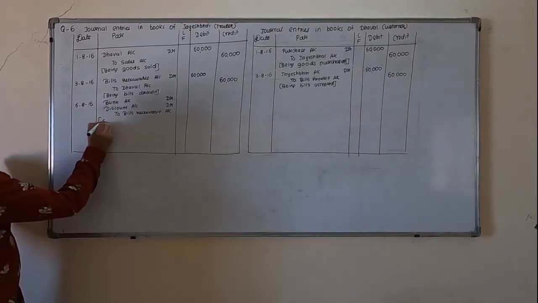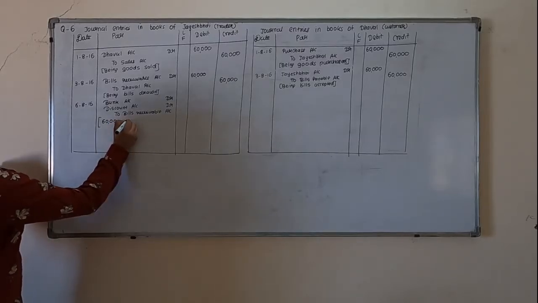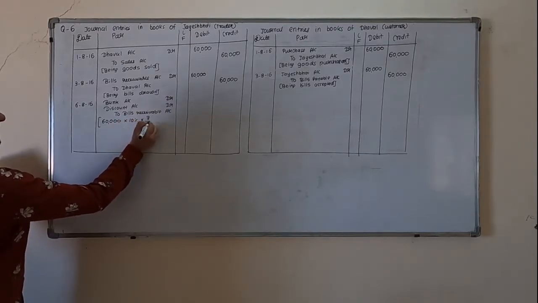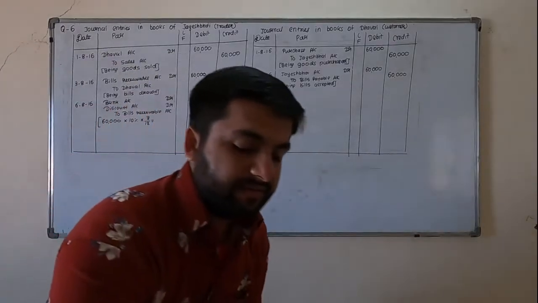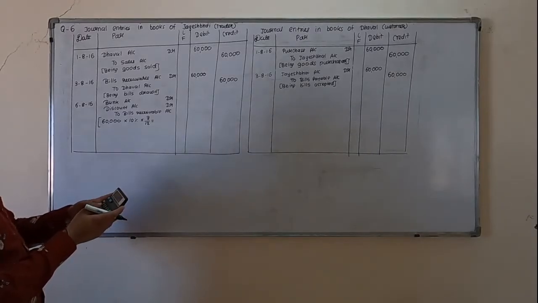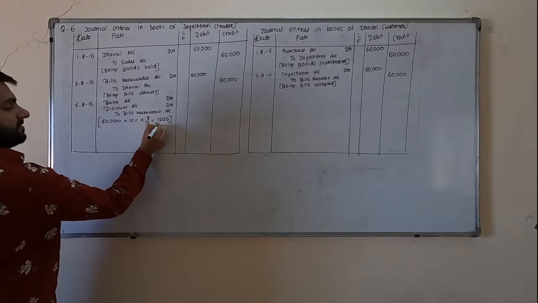So the discount will be 60,000 into how much percentage? 10% into 3/12. Why 3/12? 3/12 is the term for which the bill is drawn and we are discounting it. 60,000 into 10% into 3/12 is 1500. So this is the discount.